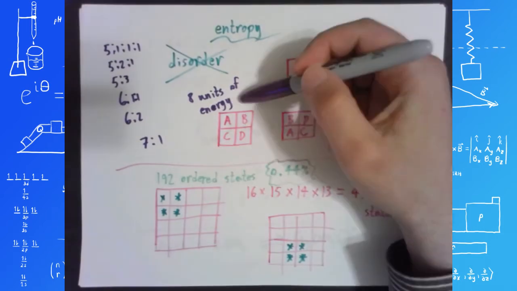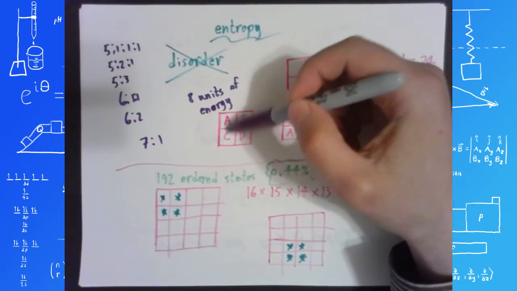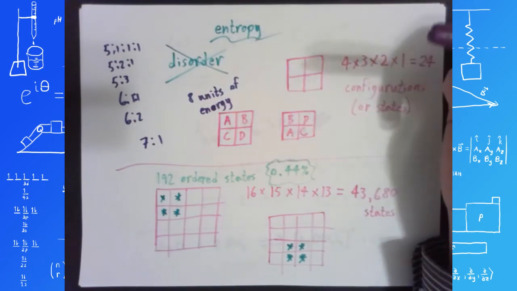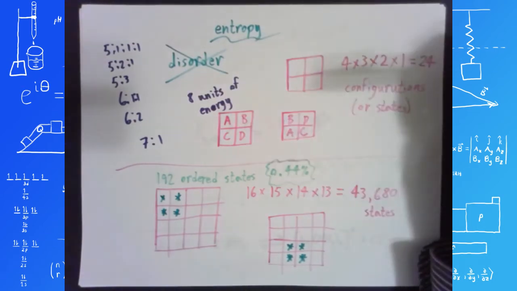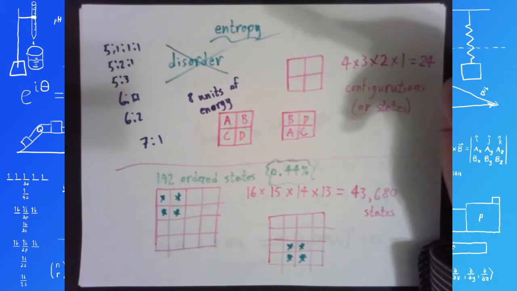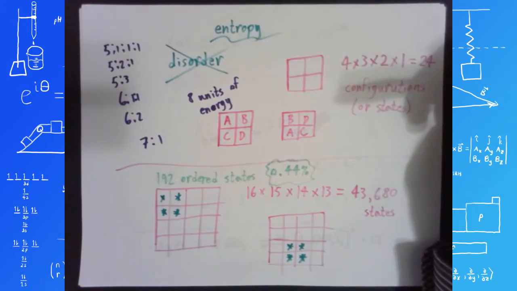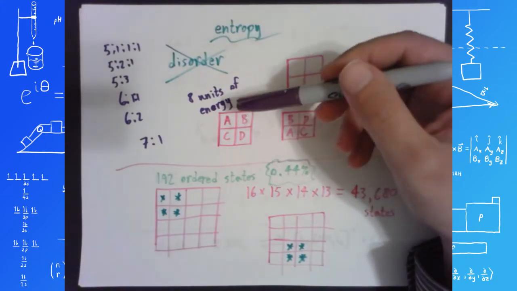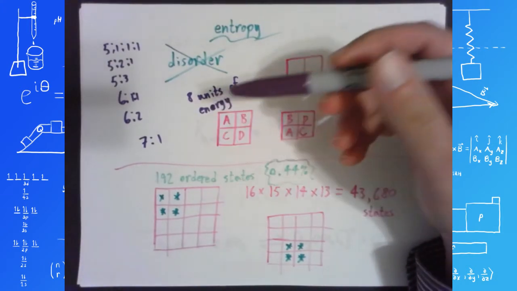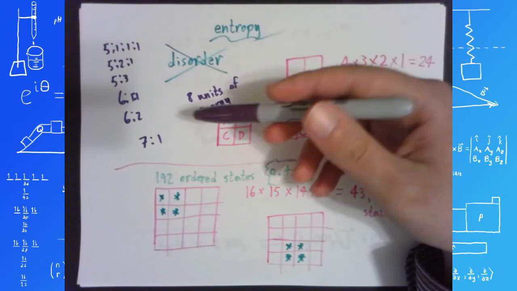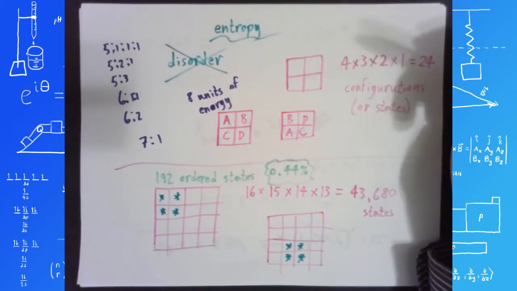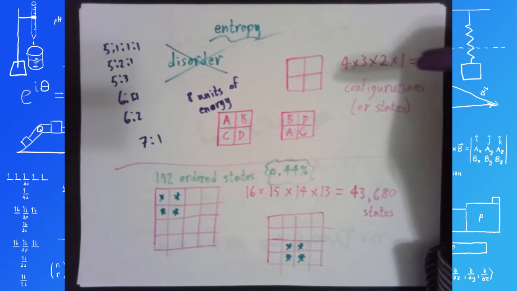The more units of energy there are, and the more particles there are, the more ways there are to distribute the energies among those particles. So more energy also leads to more entropy. The more energy there is in a system and the more particles there are for that energy to be distributed across, the more possible configurations.